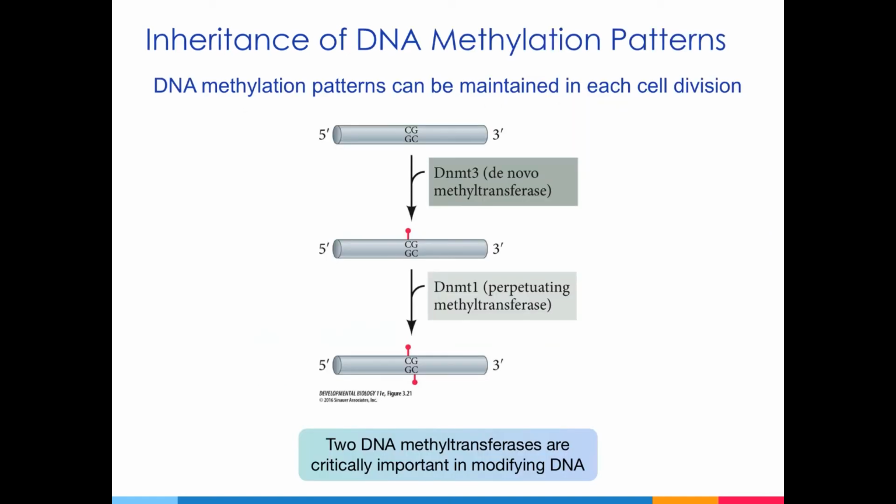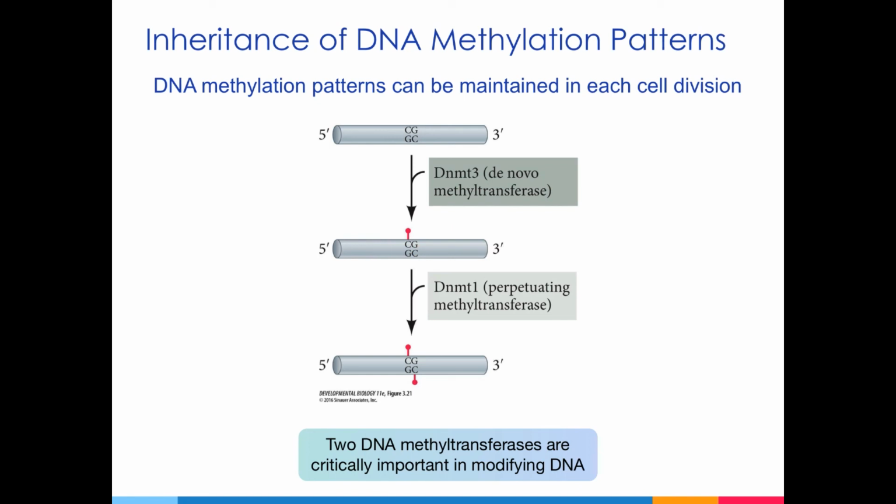Recall that DNA methylation can only happen in cytosines that are followed by guanines. This restriction is important for maintaining the memory of DNA methylation through cell division. So when the DNA is replicated, the newly synthesized strand needs to be methylated in accordance to the pattern of methylation of the template strand.